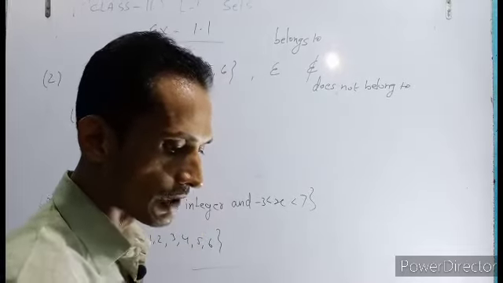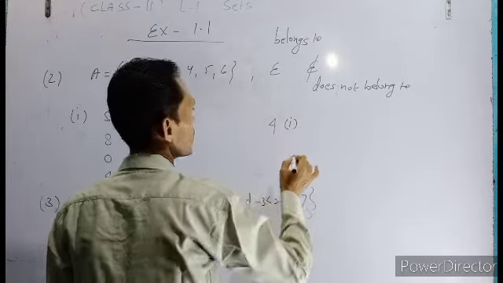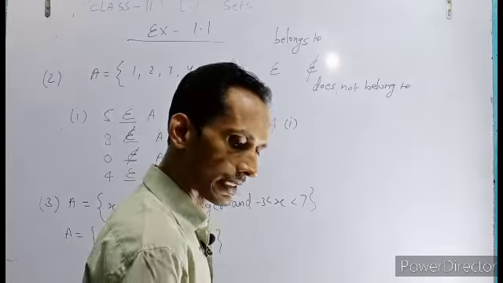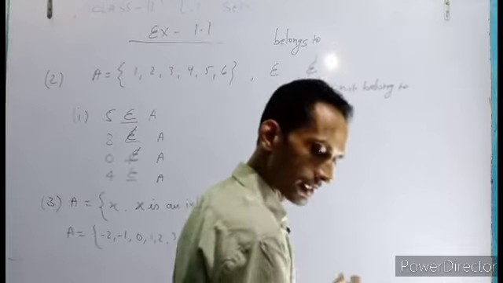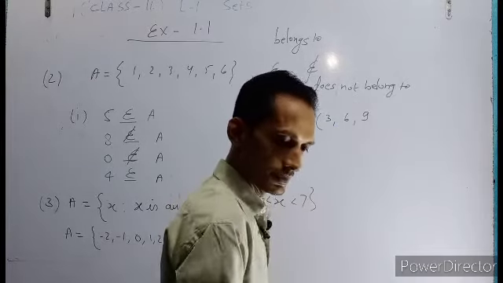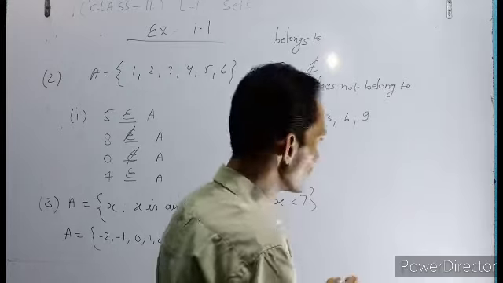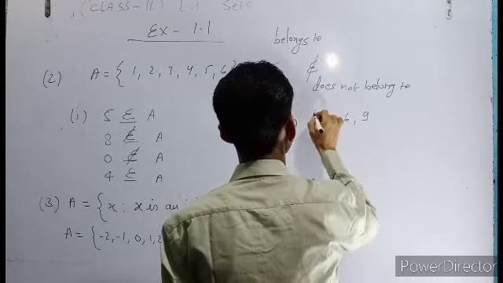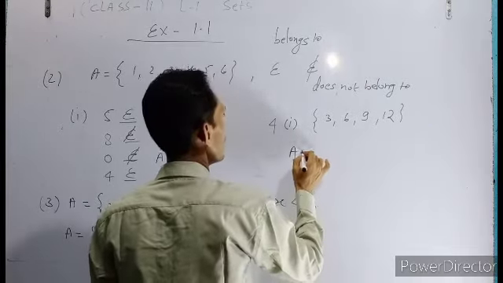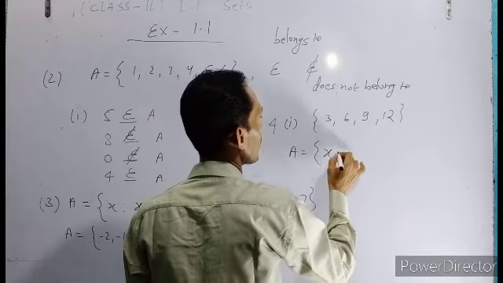Write the following set in set builder form. The fourth question: first, you have to write 3, 6, 9, 12. This is the roster form, and now we have to convert it using the common property.